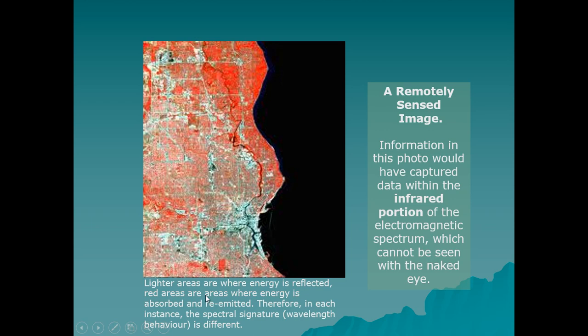The red areas are areas where energy is absorbed into the surface and re-emitted. Typically you would find those red areas would be more natural areas. Those areas where you find greater reflection taking place tend to be more urbanized areas where you have concrete surfaces. All right.